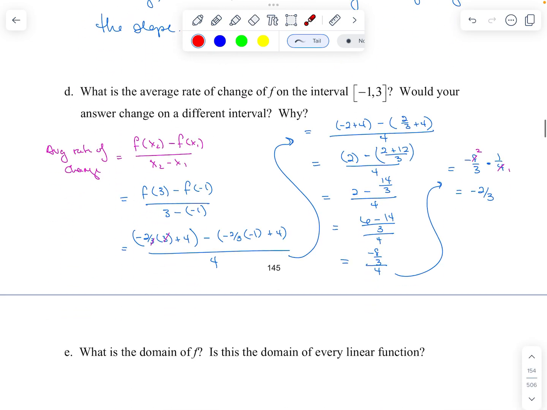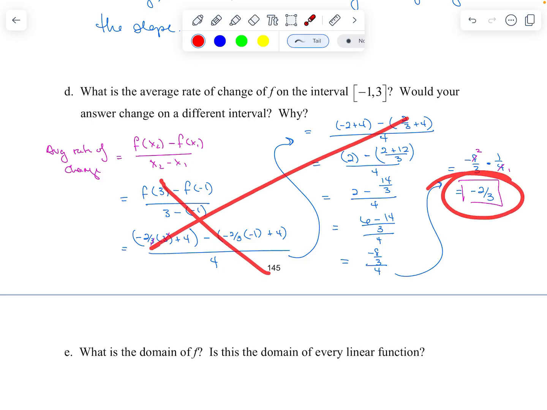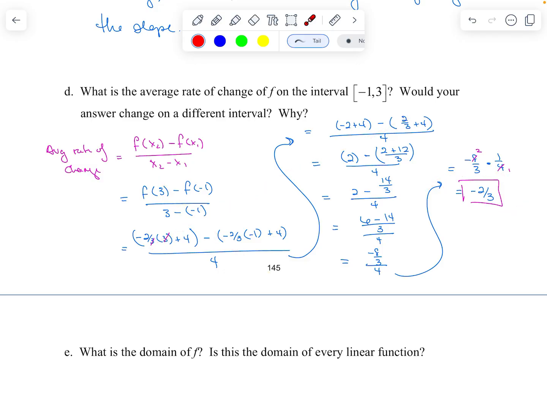So you don't need to do all this. All you would need to do is say the average rate of change is equal to the slope, which is just negative 2/3. So you would cut out all this stuff and just answer it with that. That's all you do. Okay.